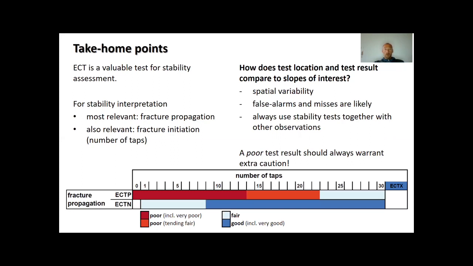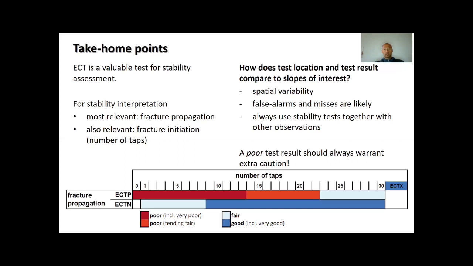What we didn't look at in this presentation or in our study is how a test location or a test result compares to the slopes which we are interested in. And this, of course, is a major challenge in whatever we do out there, because spatial variability is so high. Furthermore, there are clearly false alarms or misses when we perform a test.